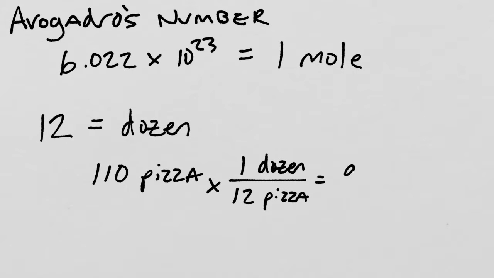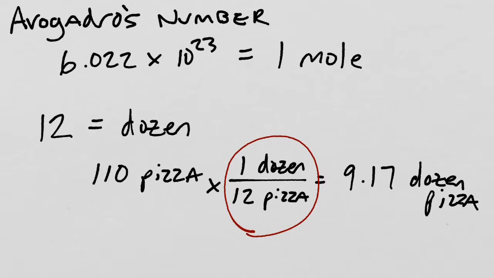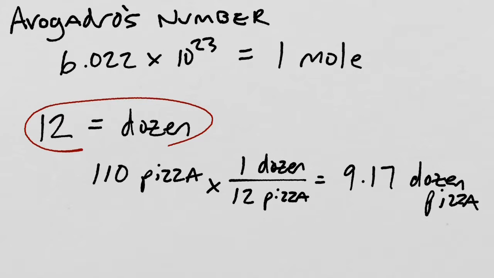Or I have 9.17 dozen pizzas. Now, in this analogy, I'm just showing how we can talk about a dozen of anything. And we can actually use the fact that 1 dozen is 12 to convert between things.